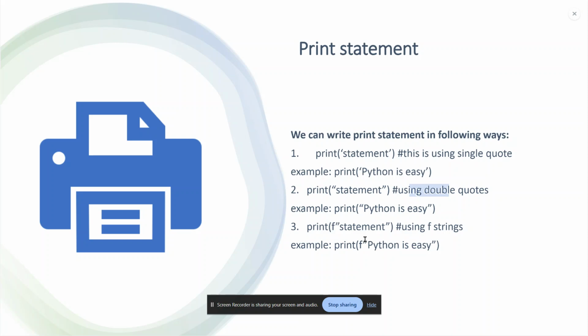It's really important, and I would mostly choose F string over a normal print because it gives me more flexibility to print the way I want. We'll see why it is so important. You can start with a generic print statement and slowly move on to F string. We'll see quickly an example of it.